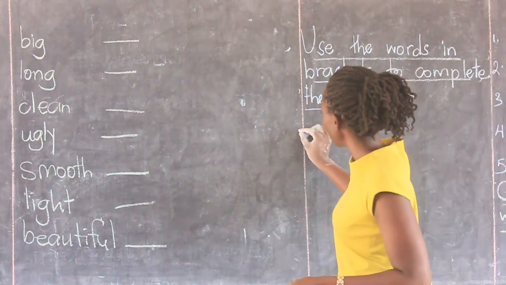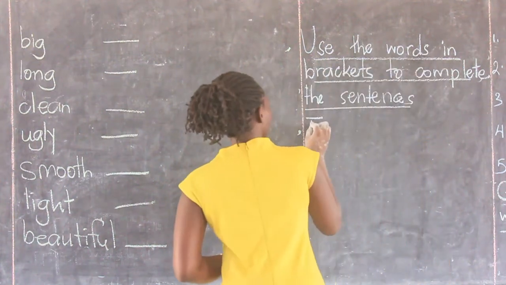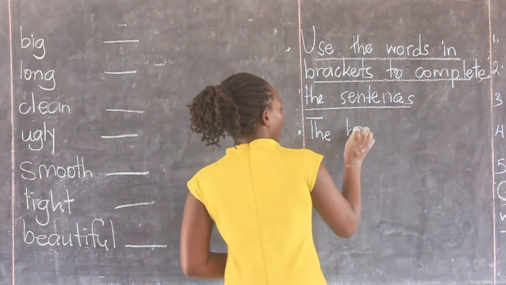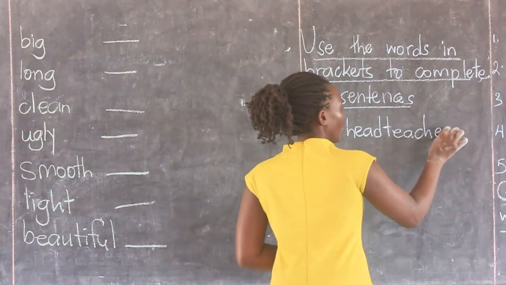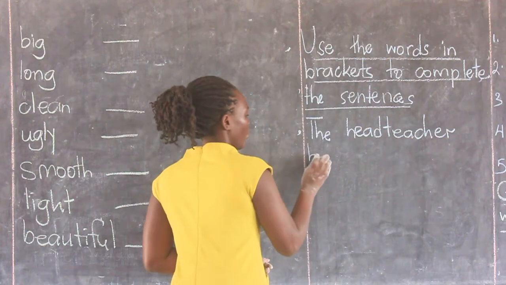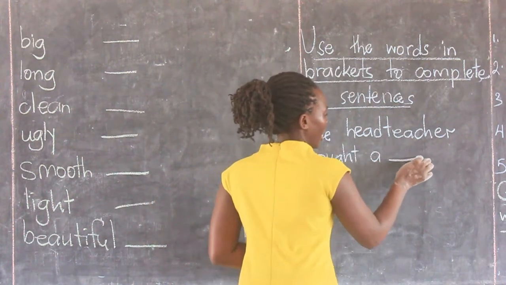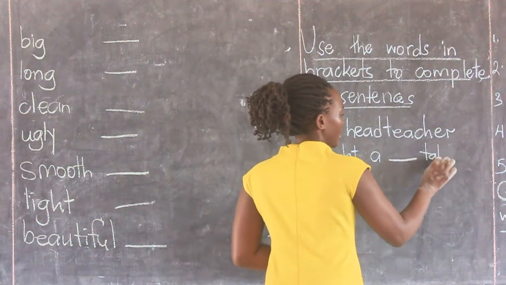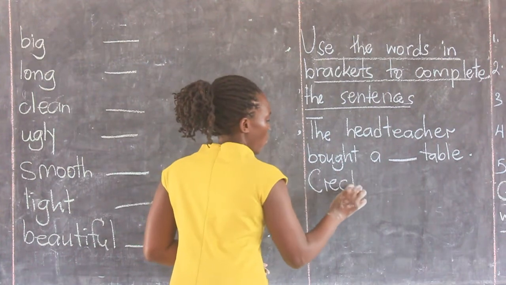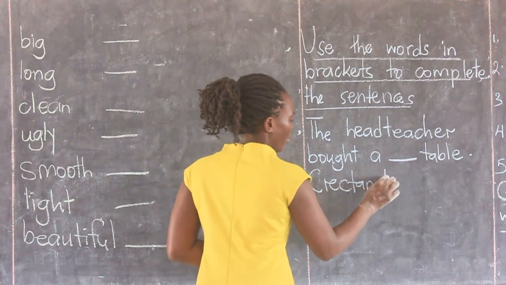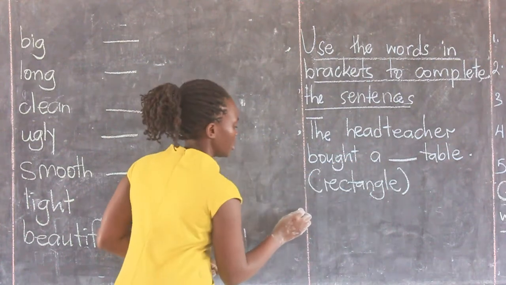So you put a bullet here. The head teacher, boat. A dash. Table. In brackets, I have rectangle. So describe this table. What is going to be the answer there? You put it there.